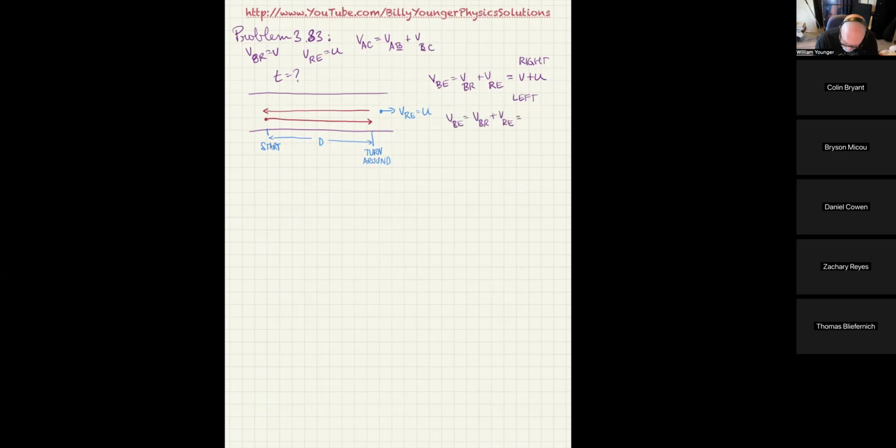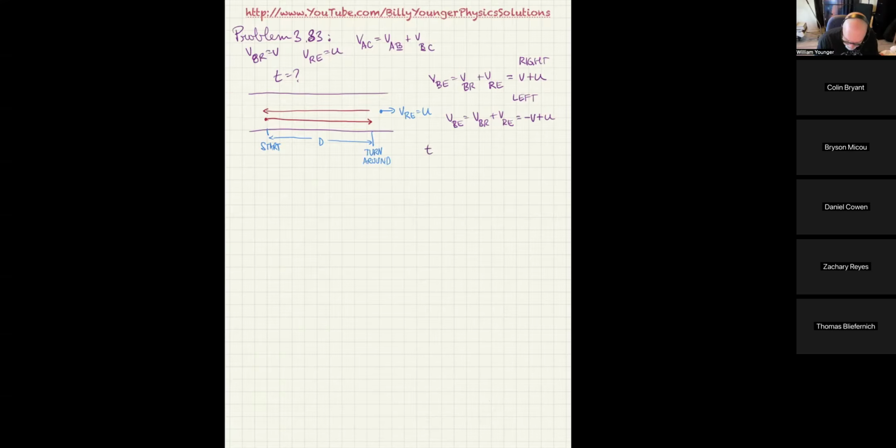So this one's going to be negative v plus u. Do you see that it's got to be negative because he's going back for the other trip? Yes. Okay. The parallel one makes sense to me. It's the perpendicular one I was Okay, gotcha. So I'll just finish this out real quick.